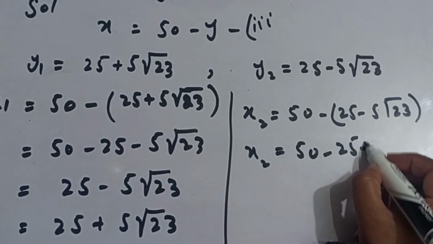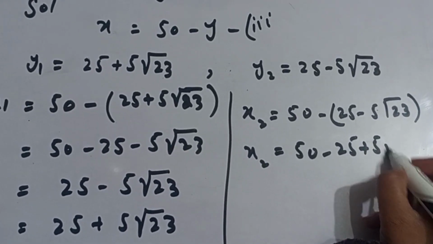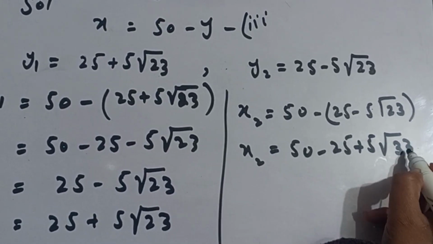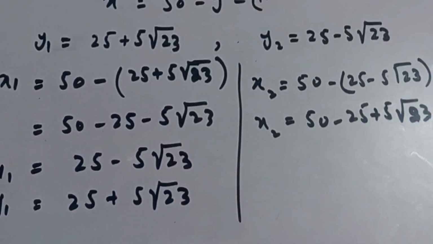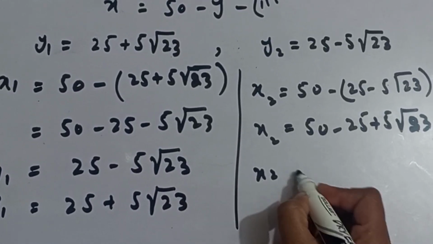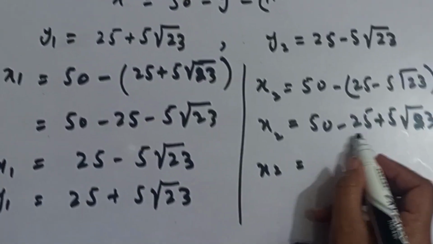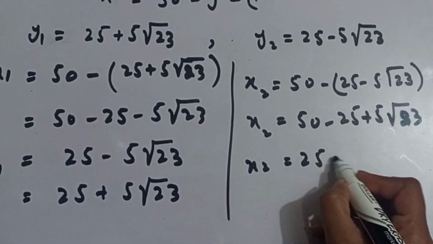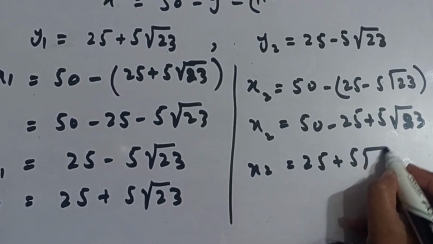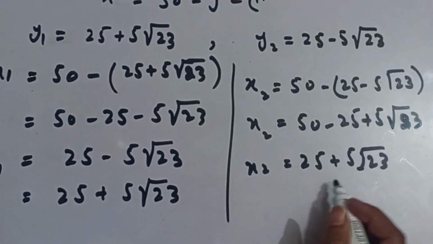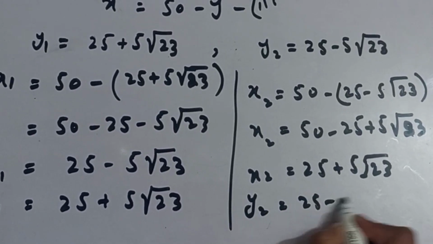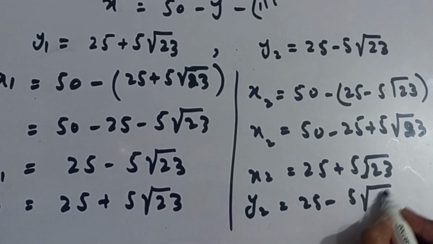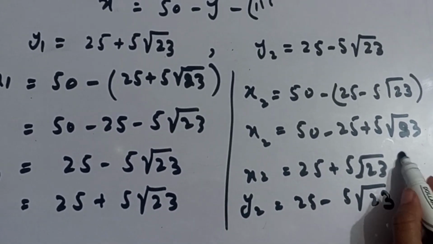So we get plus 5 times square root 23. So x2 is equal to 50 minus 25, that is 25 plus 5 times square root 23. In this case, the value of y2 is 25 minus 5 times square root 23.